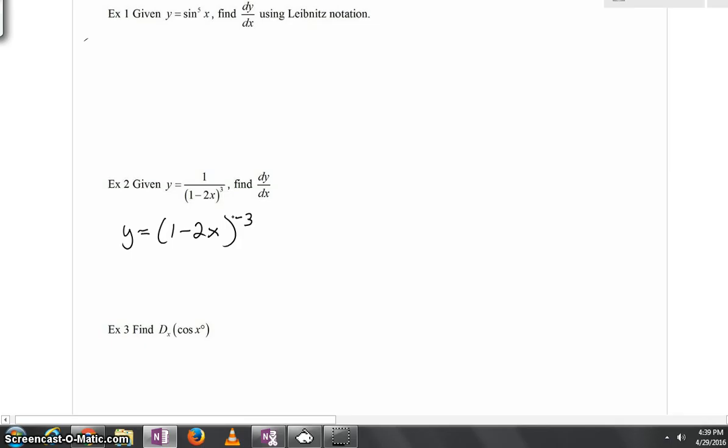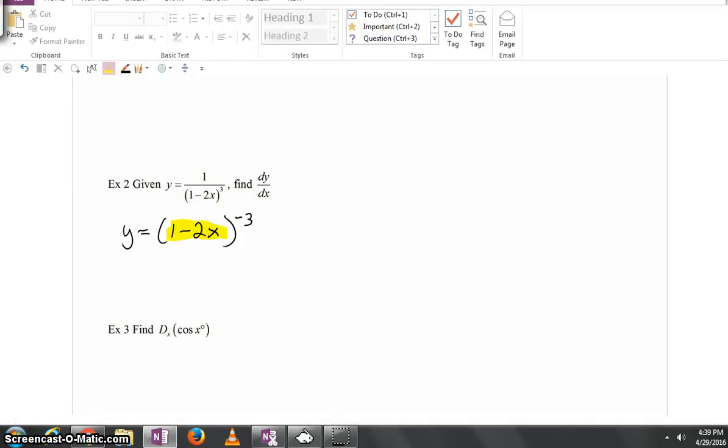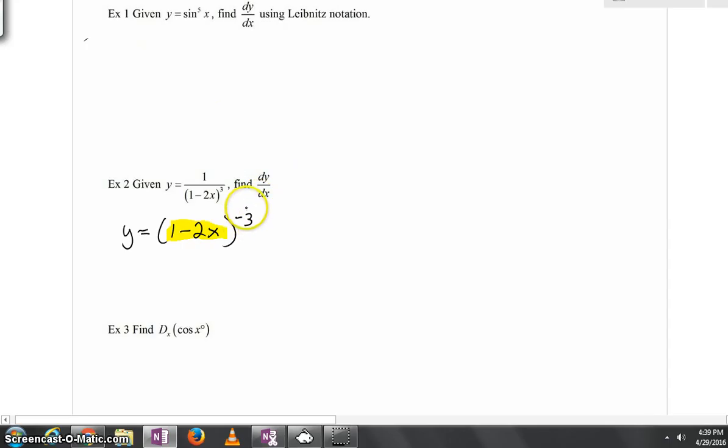This is preferable. If you can rewrite a fraction as just an expression to a power, then you don't need the quotient rule. I hope you can see that we do have a function on the inside raised up to the negative third power.